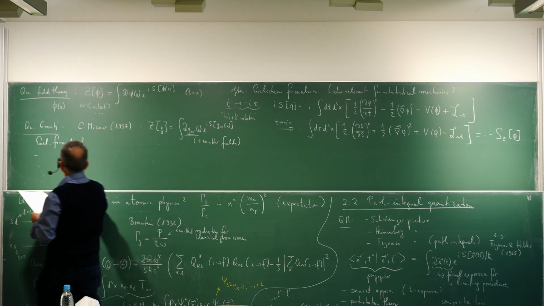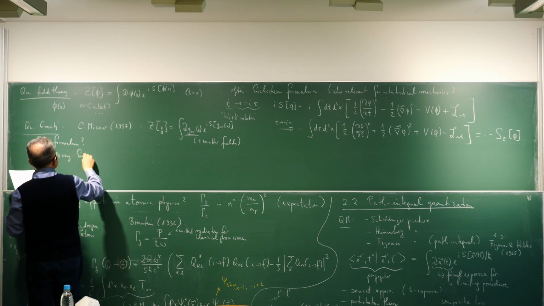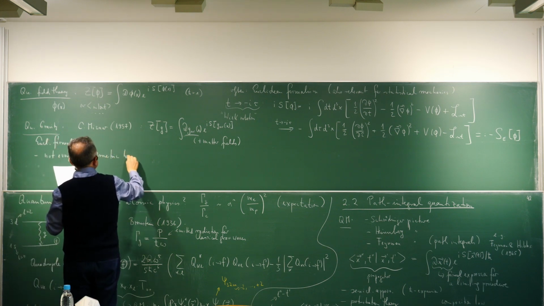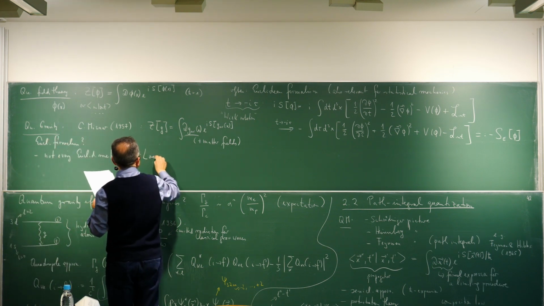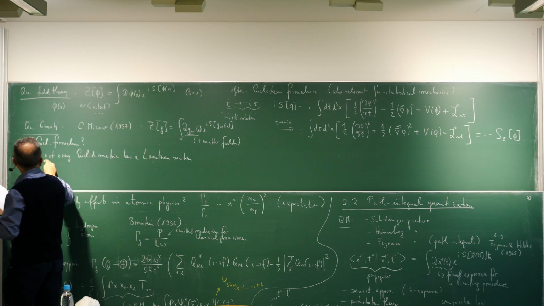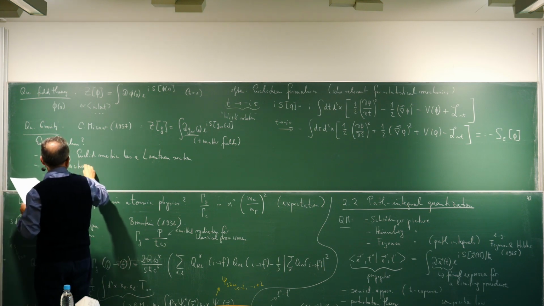And so that's a general problem. Not every Euclidean metric has a Lorentzian section. And even more severe, the Euclidean action is not bounded from below.